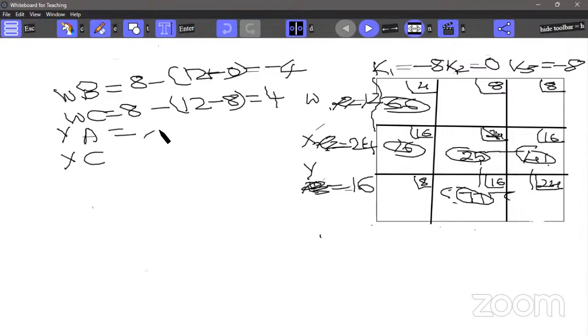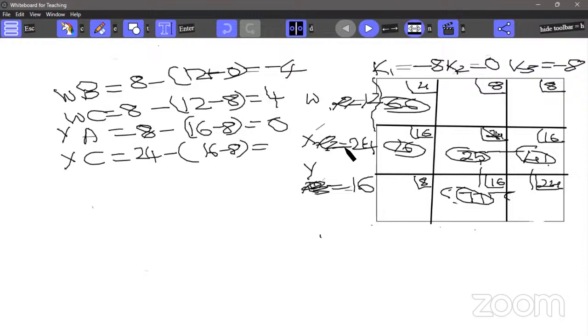Okay. YA, cost minus 16 minus 8. Zero. Then YC, 24 minus 16 minus 8. 16.